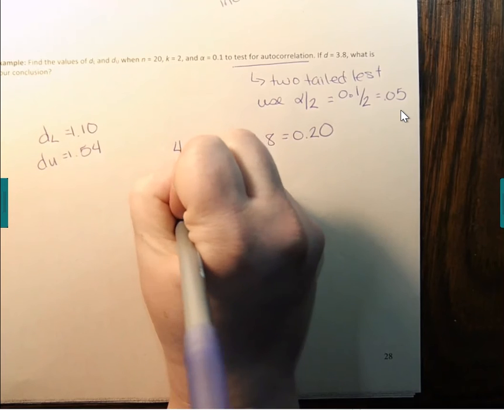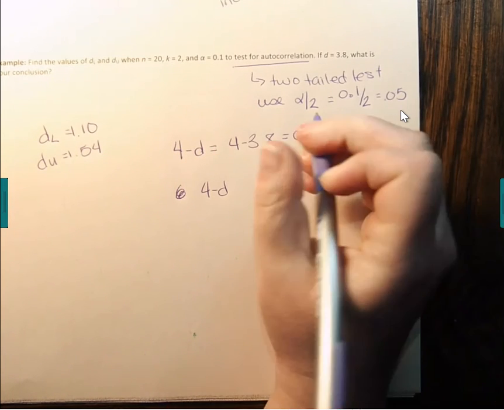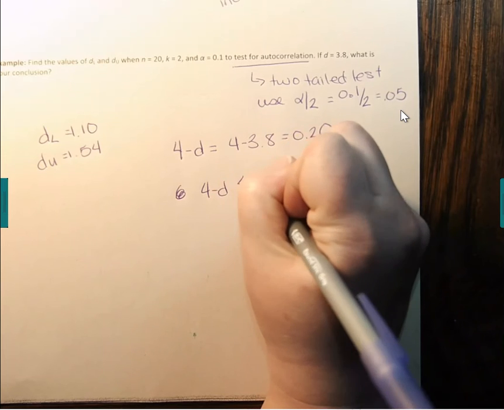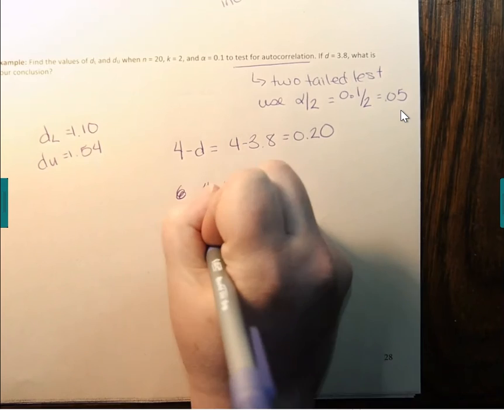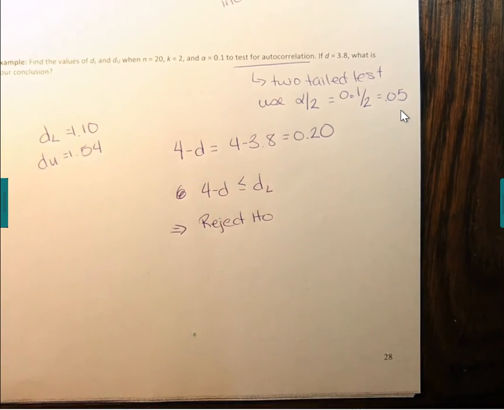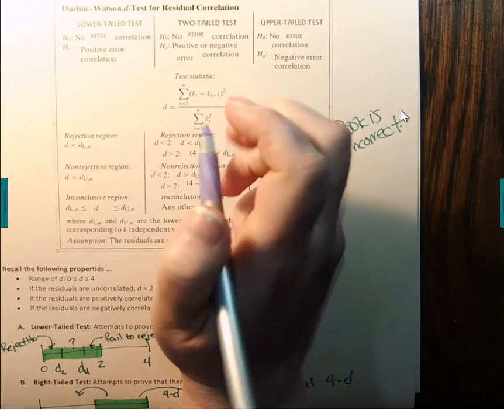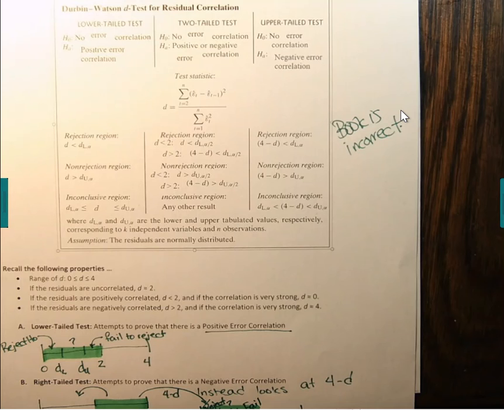And then notice that 4 minus D, the 0.20, is less than or equal to the lower bound of 1.1. So in this case, we are going to reject the null. And so what that tells us is we are able to prove that there is autocorrelation between the two. And looking at our test statistic, that would suggest a negative correlation between the two.